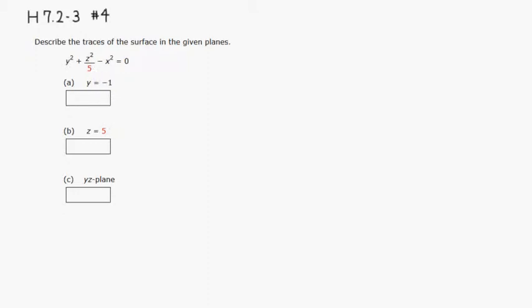So you will get -1 squared, so that's going to be 1. So this will give you (-1) squared plus z squared over 5 minus x squared is equal to 0.